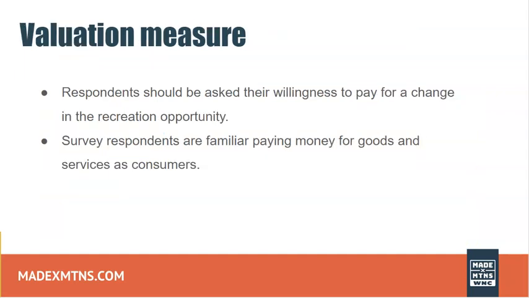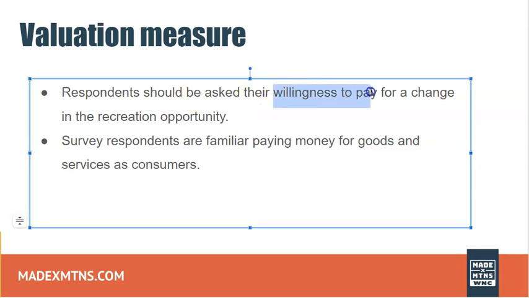Okay, the valuation measure, we're going to ask people for their willingness to pay, and these willingness to pay statements can be used to estimate willingness to pay for a recreation trip, which is equivalent for our purposes with the consumer surplus of the trip that comes from the travel cost method.